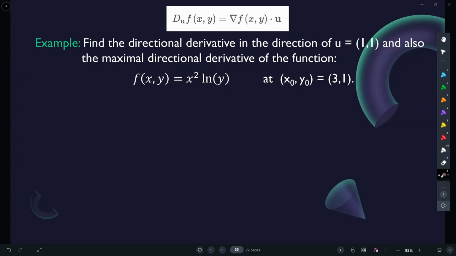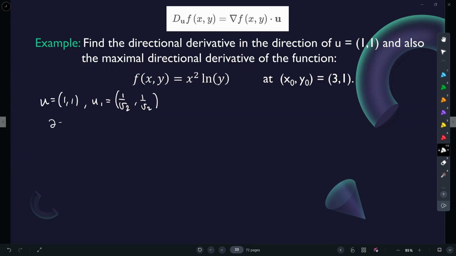Find the directional derivative in the direction of u, and also find the maximal directional derivative of the function. So let's just find one value first, and then compare to the actual max. Again, this vector 1, 1 is not unit length, so I'm going to change it by dividing by its length, which is the square root of 2. So let's compute the directional derivative in that direction. Let me compute partials.